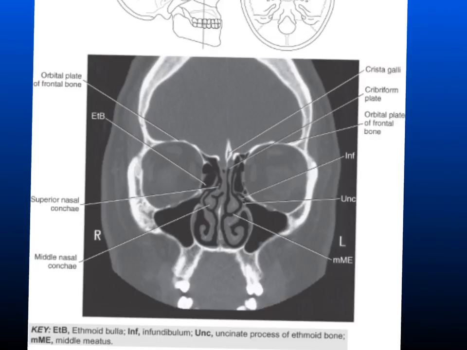And then what else do you do besides Waters for sinuses? You'll do a lateral, both right and left probably. And that's it. Now for adults, they're not doing as many sinus x-rays anymore. They're more doing CTs for sinuses, yeah.